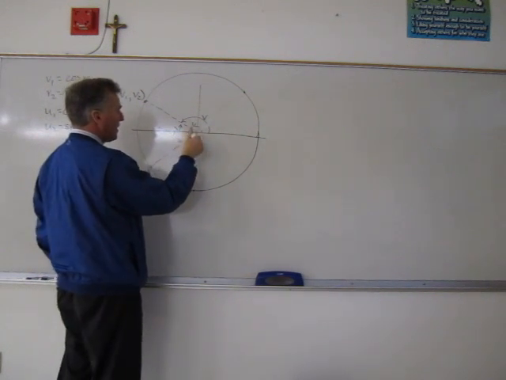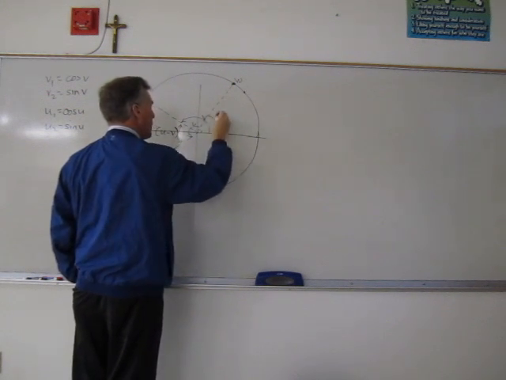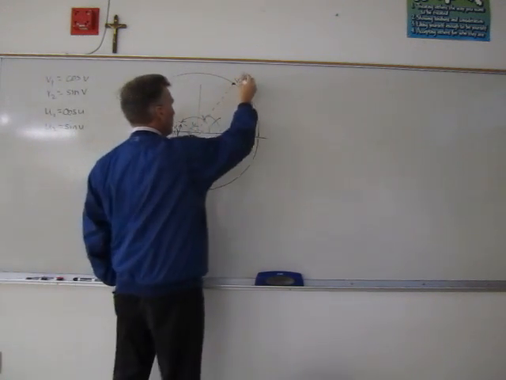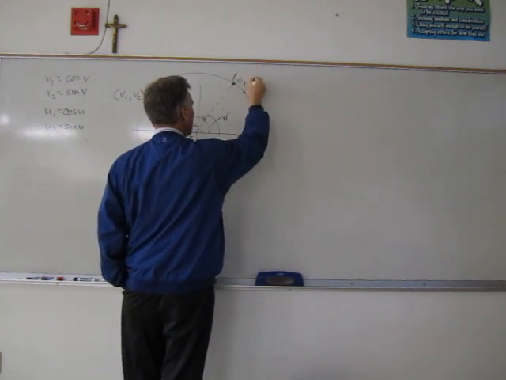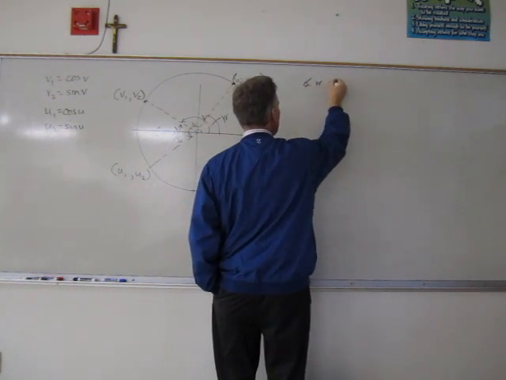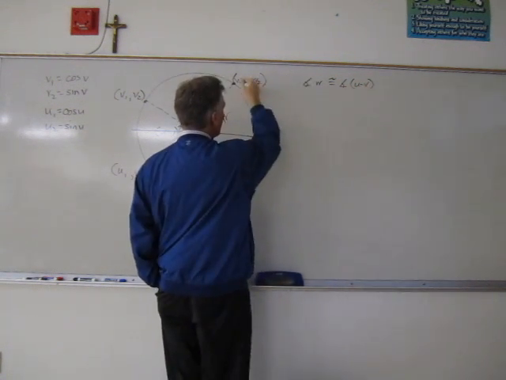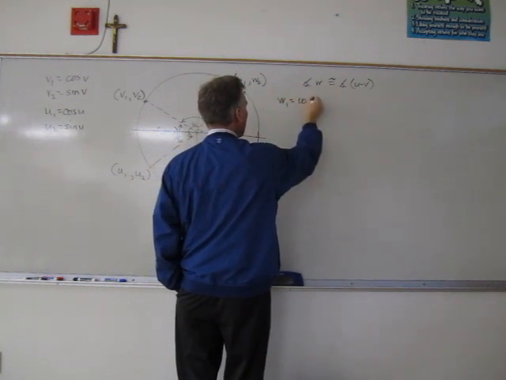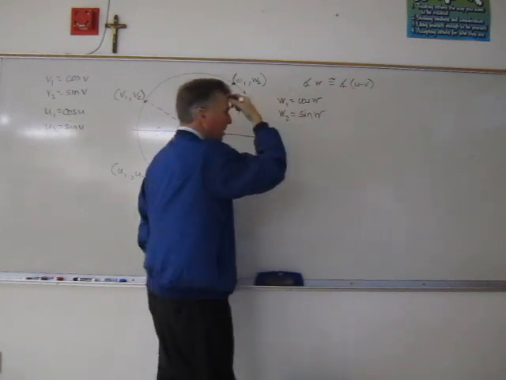So I can define another angle, call it W, where W is congruent to U minus V. For the angle W here, I'm going to label the points W sub 1, W sub 2, where angle W is congruent to angle U minus V. So here we have W sub 1 equals cosine of W, W sub 2 equals sine of W.